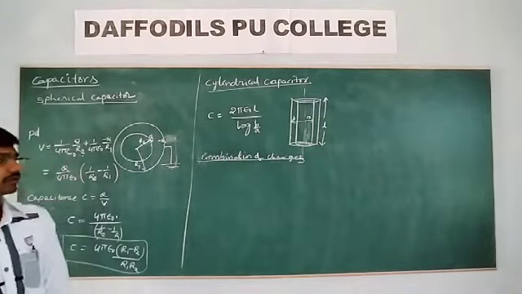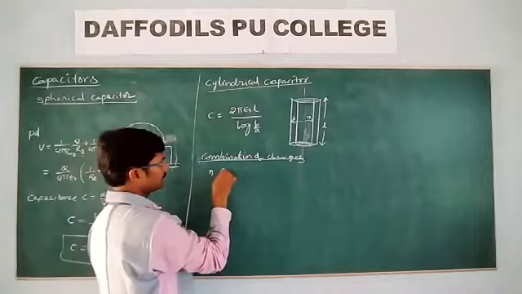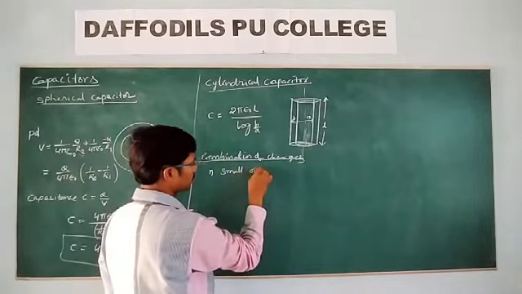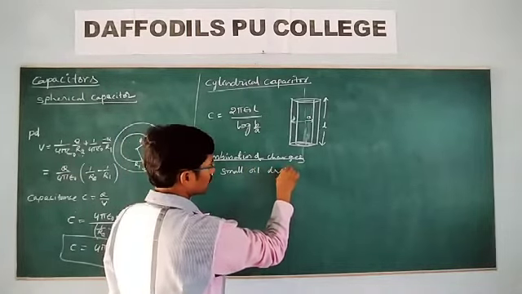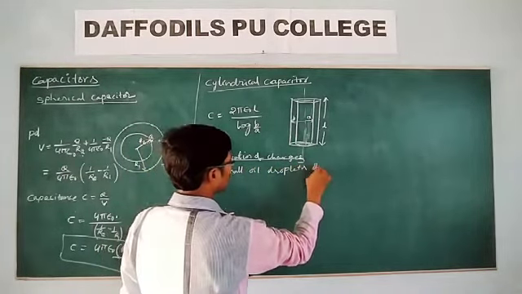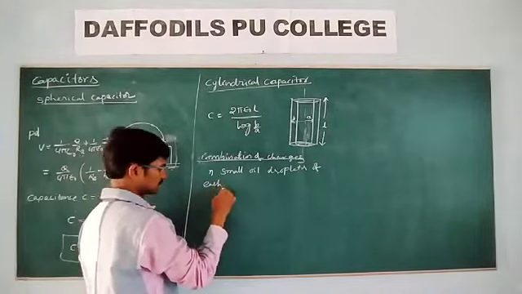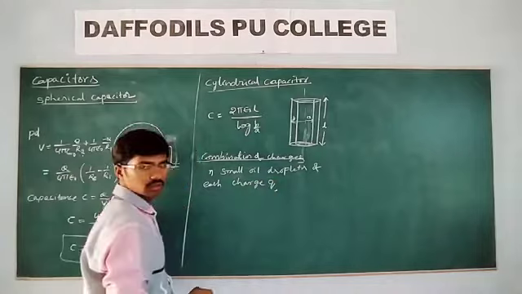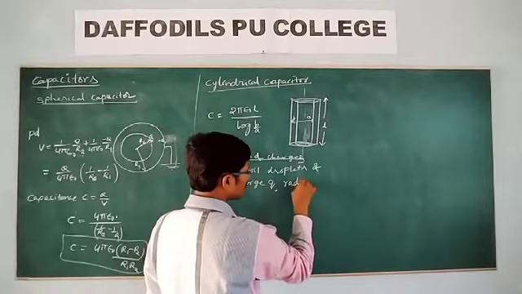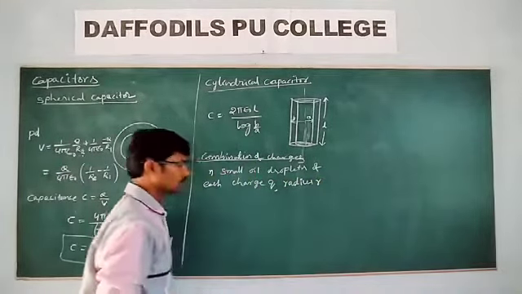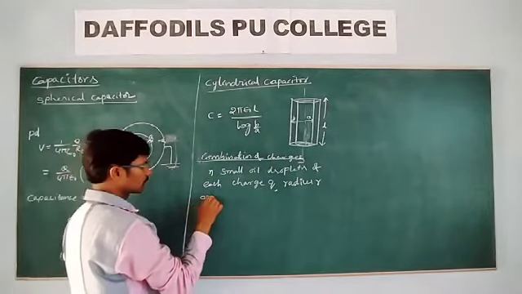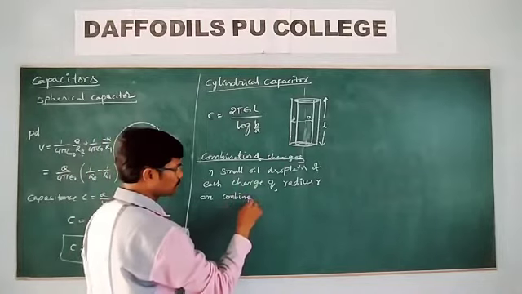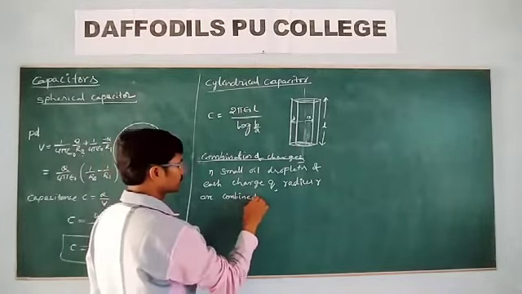What happens when we take n small oil droplets, each of charge q and radius r, which are combined or coalesced to form a bigger drop?